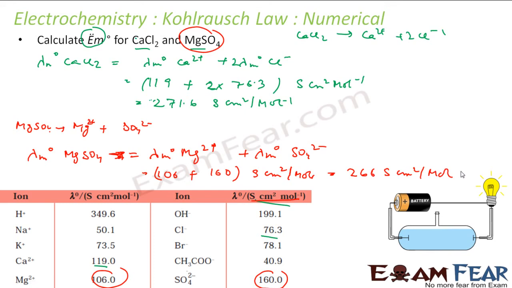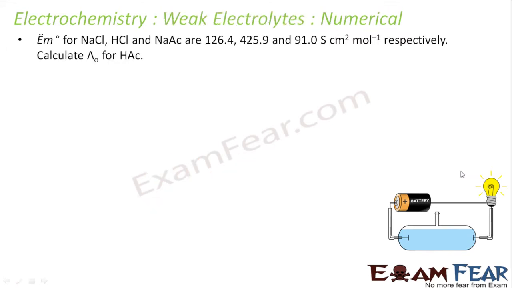Pretty easy. The next question: the lambda m naught for NaCl, HCl and NaAc are given, and we have to find the lambda m naught of HAc. NaCl will break into Na+ and Cl-. HCl will break into H+ and Cl-.